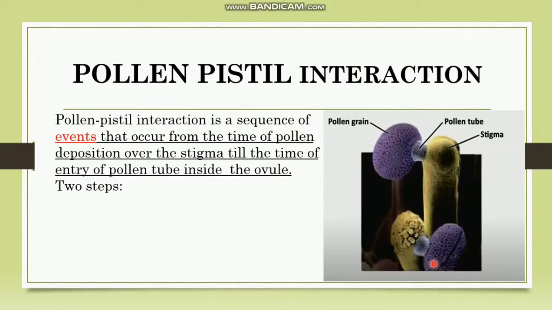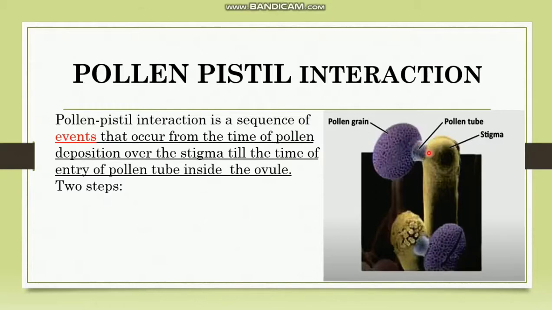Now when pollination occurs, it does not guarantee that the transfer of the right type of pollen grain will occur on the stigma. Sometimes pollen of some other species, or of the same plant if the plant is self-incompatible, also lands on the stigma.